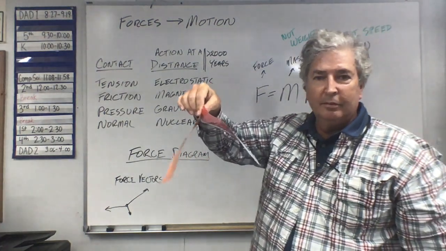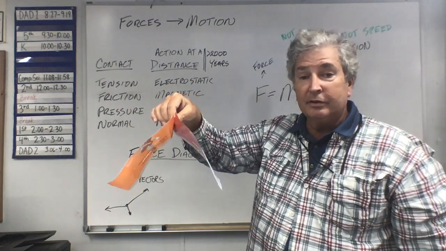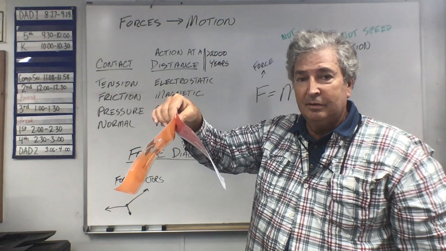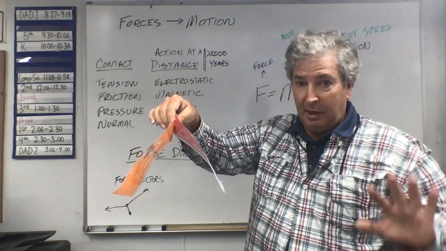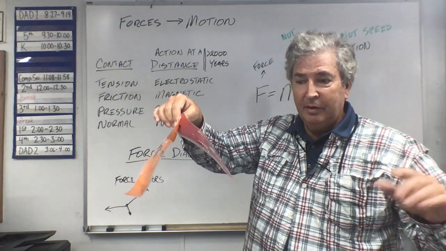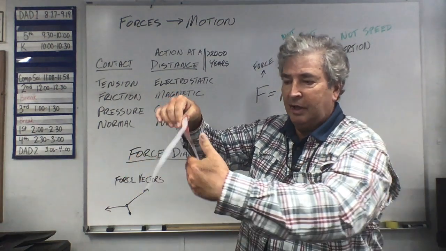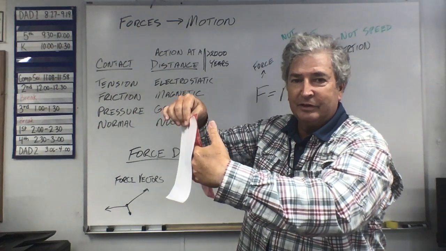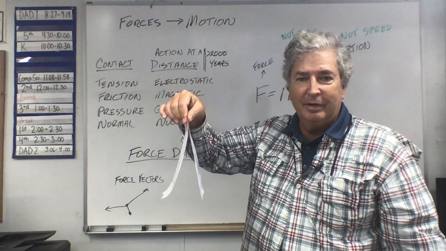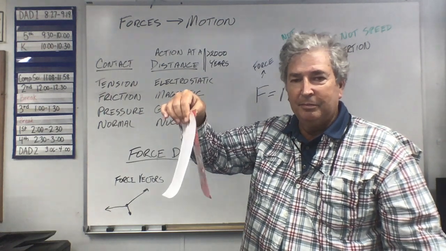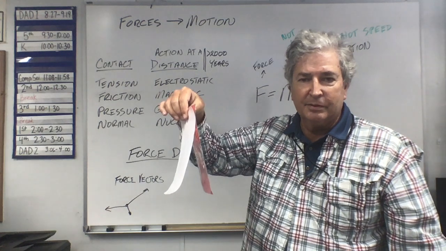There. Electrons on the surface of these sheets are similarly charged and they're repelling each other. Now, my hand is neutral because I've been grounded. When I put that in there, it's attracted to them. When I remove it, they repel each other again. Not quite so much, because I've removed some of the surface electrons.